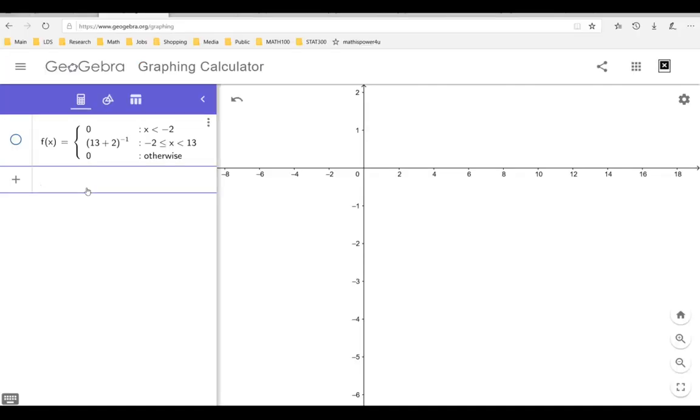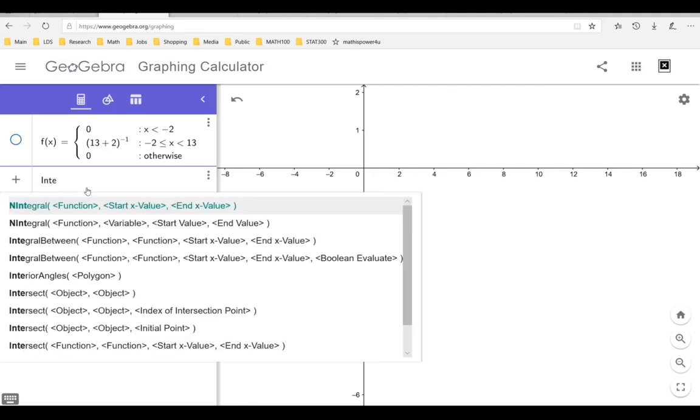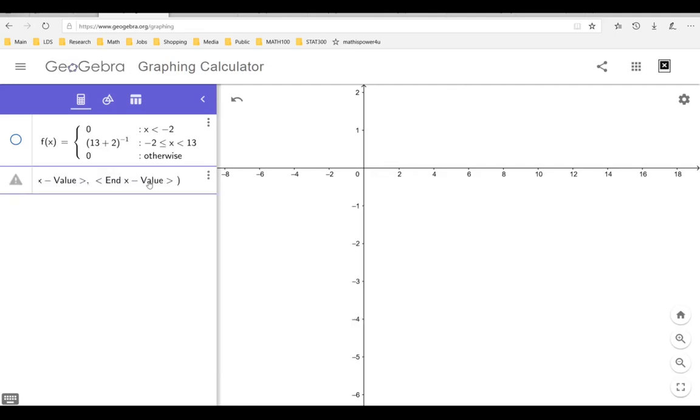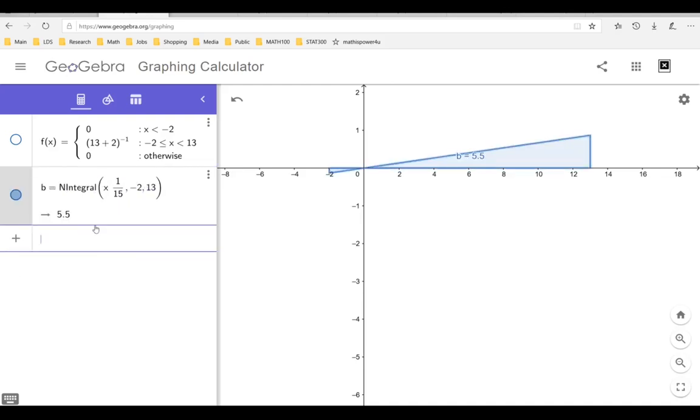Here on GeoGebra, we can find this. We're going to integrate this function, x times my f of x value, which is 1 over 15, from -2 all the way up to 13. And we still get 5.5.